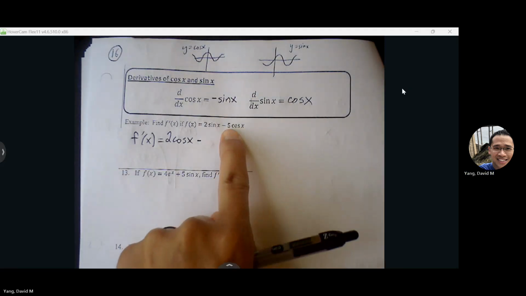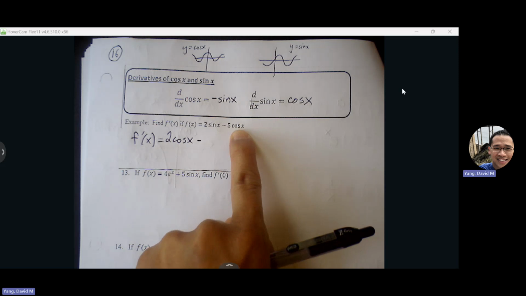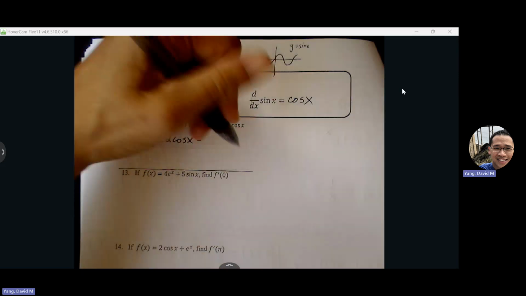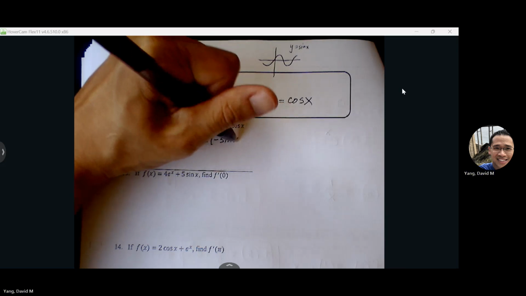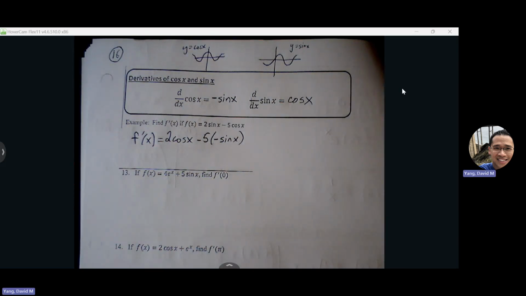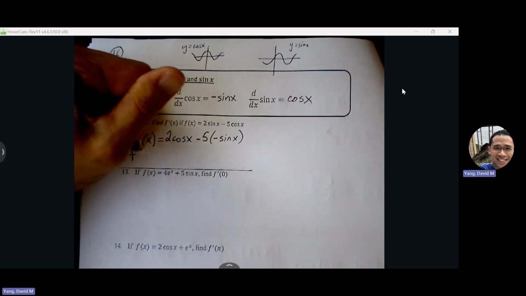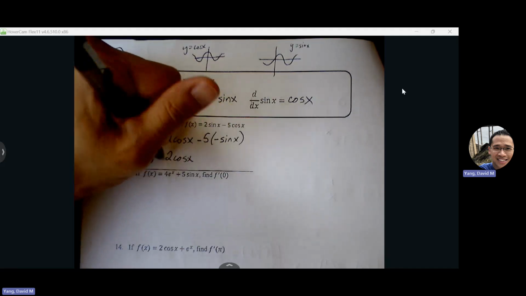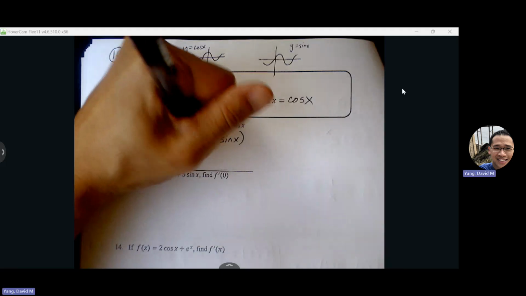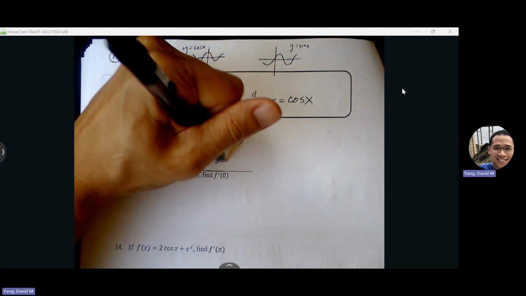And then what happens to cosine of x? Yeah, so we have to be careful that there is a change in sign here. We have to keep track of those two negatives. So let's build f prime. So f prime is 2 cosine of x, plus 5 sine of x.